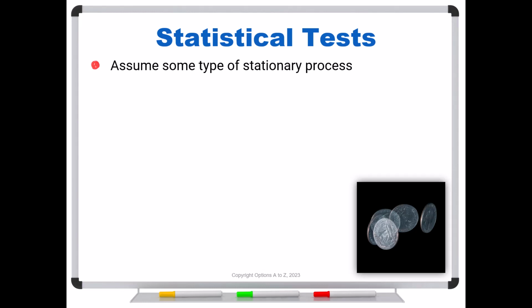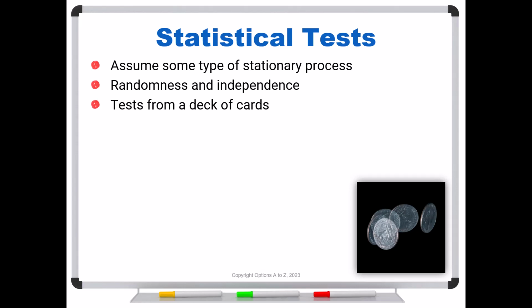Virtually all statistical tests assume randomness and independence. Randomness just means there's no rhyme or reason to the things that we're drawing. Independence means that the observation we got was not influenced by a previous observation, nor will it influence a future one. So for example, any type of statistical test that you might do from a deck of cards is a classic type of thing where statistics is really powerful.